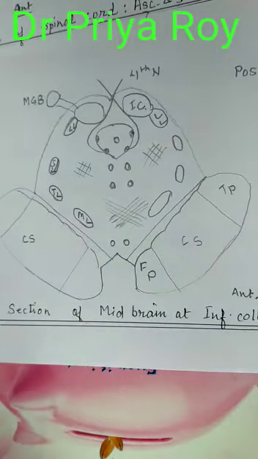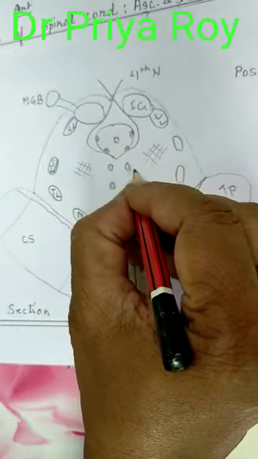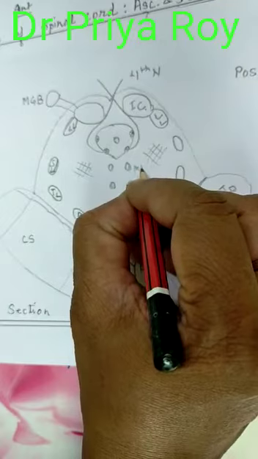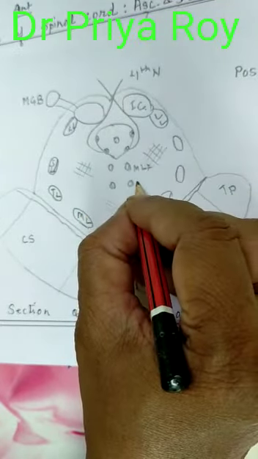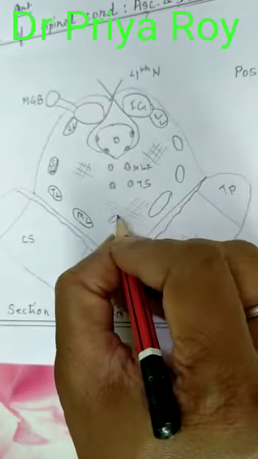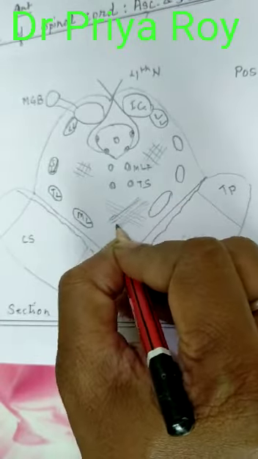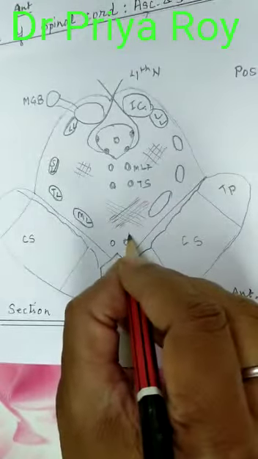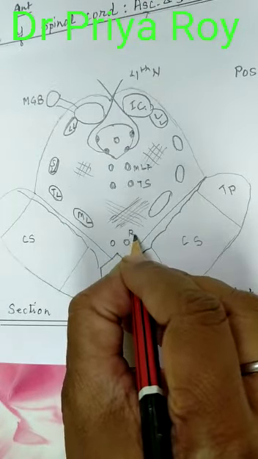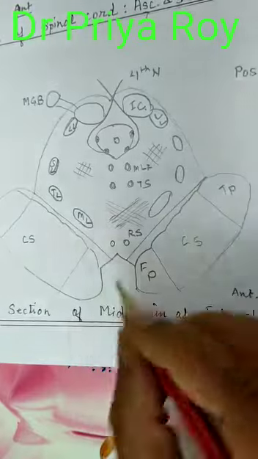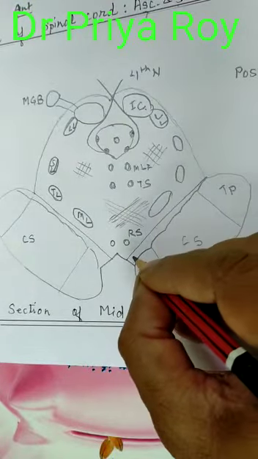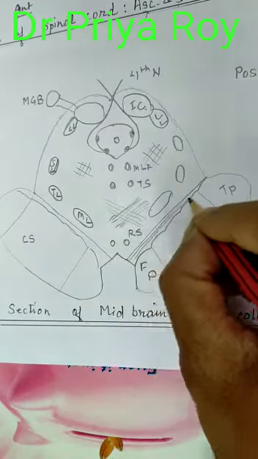And here the medial longitudinal fasciculus, and then the tectospinal. This is the most important, superior cerebellar peduncle decussation, and this is the rubrospinal. And here the four tracts are like this. This is the substantia nigra, okay.